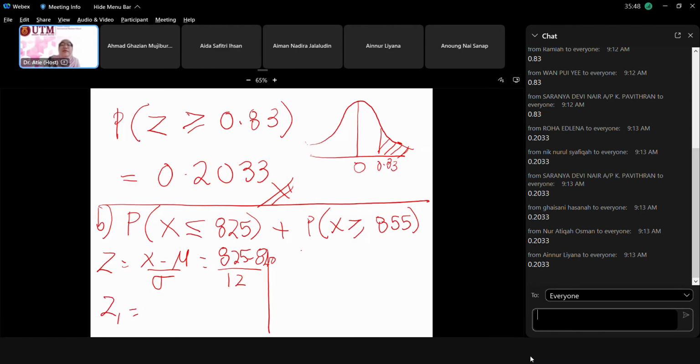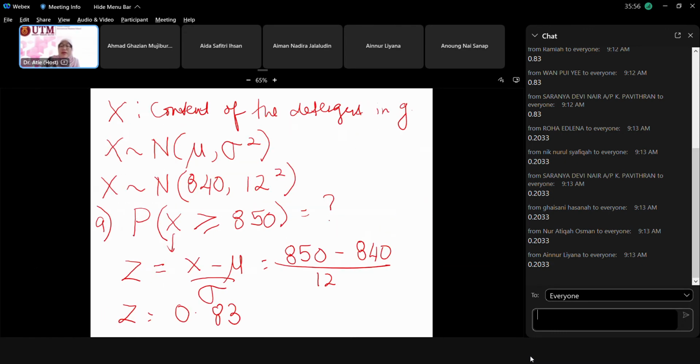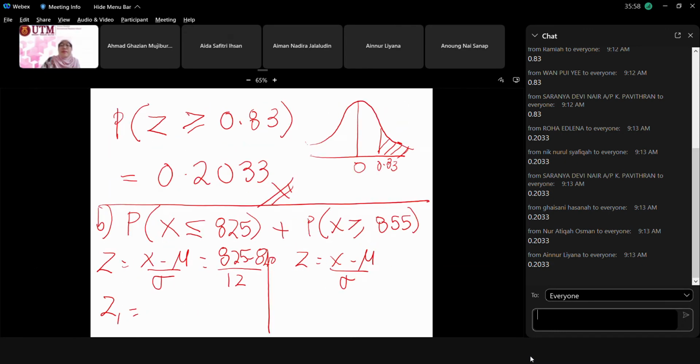The second one, z equals x minus mu divided by sigma, so 855 minus 840 divided by 12.